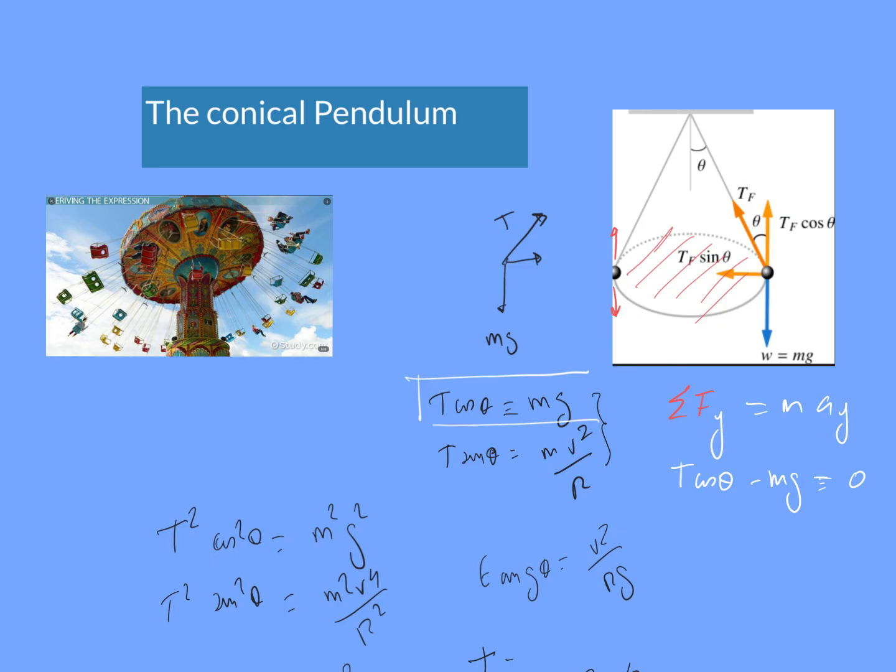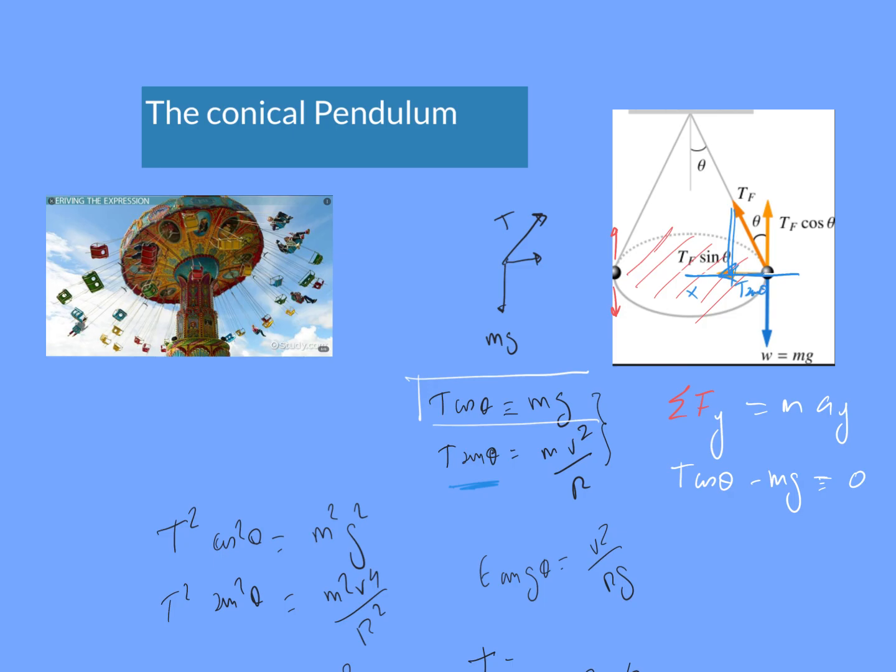Now I will apply the equation for the x-axis, and I will choose this x-axis. It's exactly the same as what I did before. As this is the component of the tension in the x direction, it will be T sine of theta.